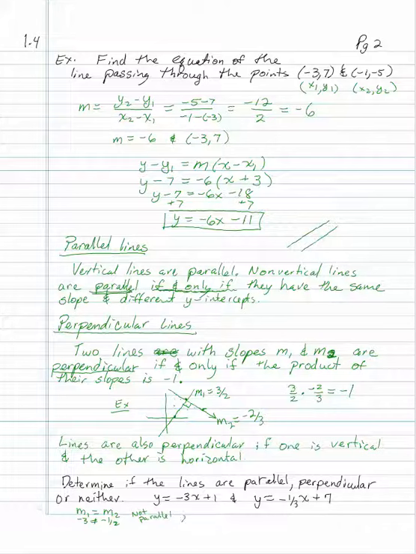And then to be perpendicular, m1 times m2 has to be -1. So let's test it. -3 times -1/3 equals +1, which is not -1. So it's not perpendicular. So we'd say neither.